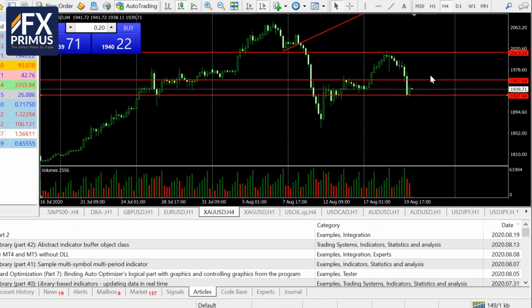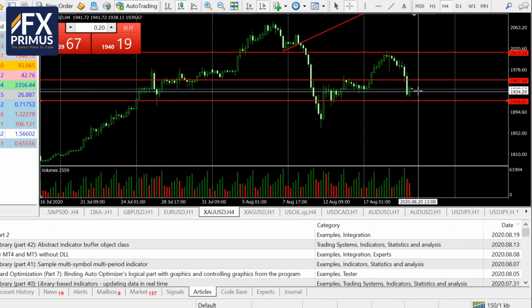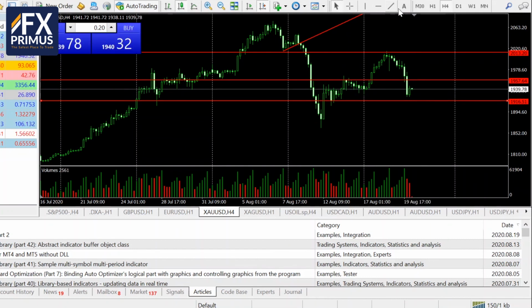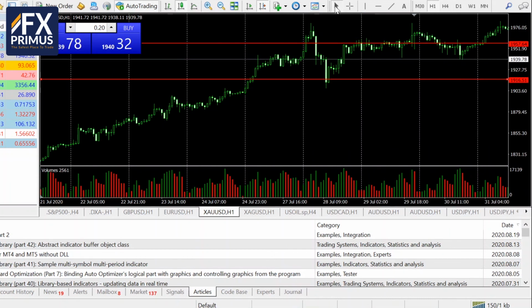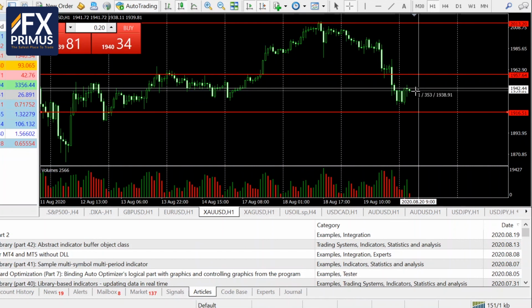Possibly we can even see gold prices pushing down to the next support level of 1,916, which is about $24 to the downside. To the upside, the current resistance is at 1,945, which is very near.